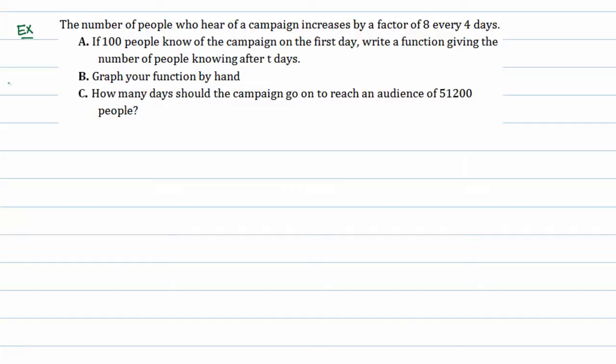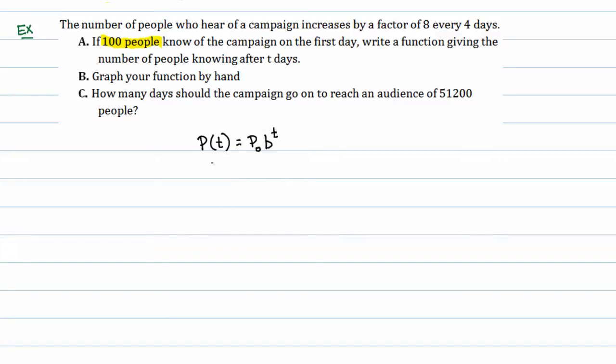So let's start there. One thing we do know is that this 100 people that initially know will be our P naught. And in fact, maybe I should write down the form of the exponential function I'm going to use. I'll use P of t is equal to P naught b to the t.